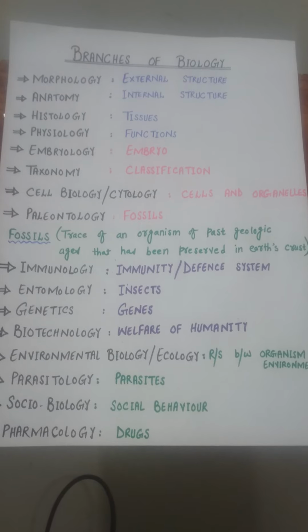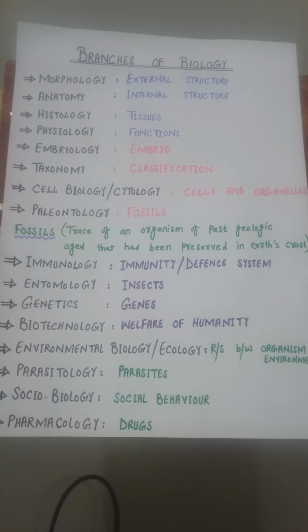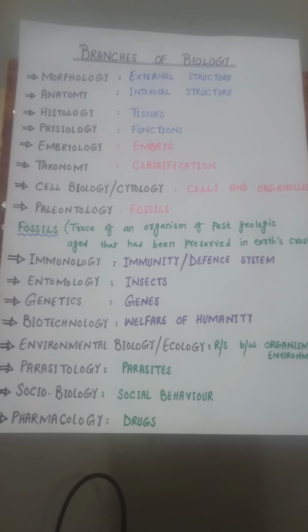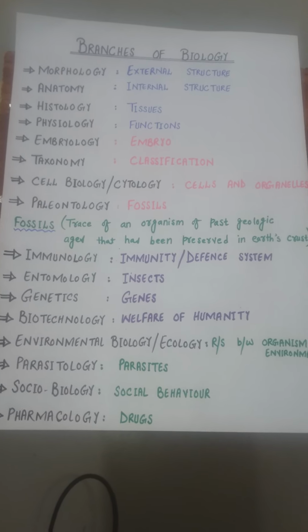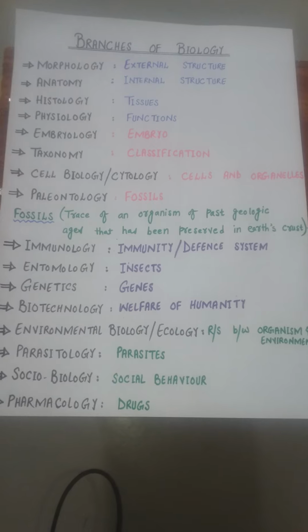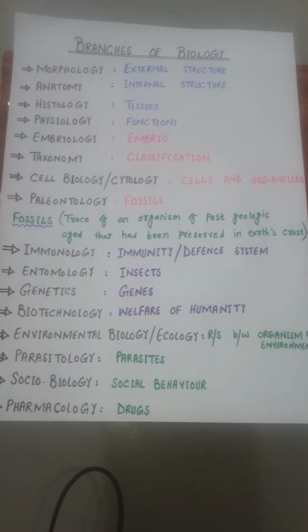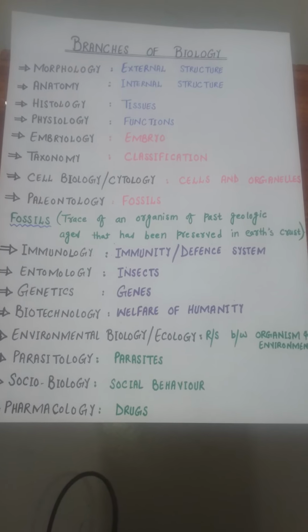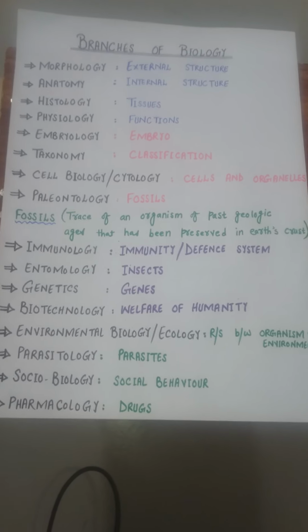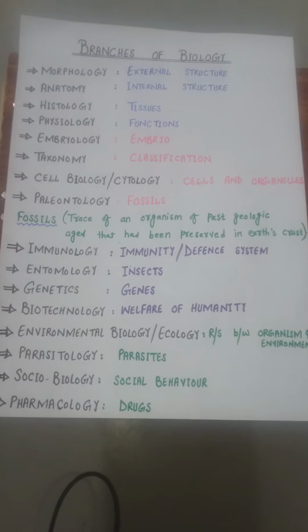Paleontology. The keyword for paleontology is fossils. What are fossils? The trace of an organism of past geologic ages that has been preserved in Earth's crust. Fossils are extinct organisms. In paleontology we study the fossils of plants and animals.